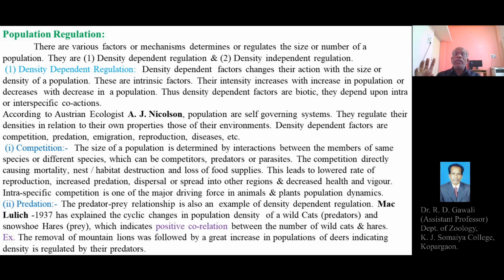The size of the population is determined by the interactions between the members of the same species or different species, which can be competitors.